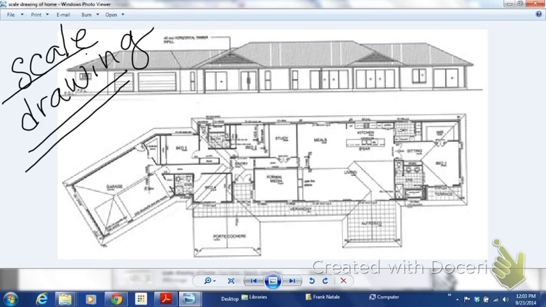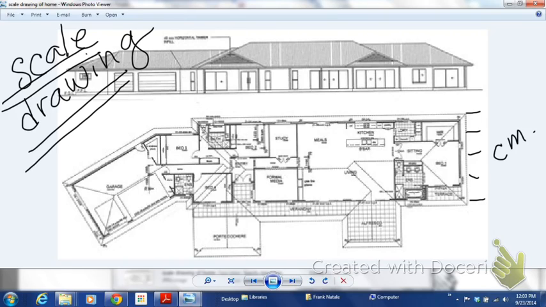A scale drawing is a drawing where every unit that is represented on the drawing, so let's say here we're talking about centimeters, for example, and again, this isn't real. This is actually a reduced version of a scale drawing of this home layout. But anyway, let's just say here is a centimeter.